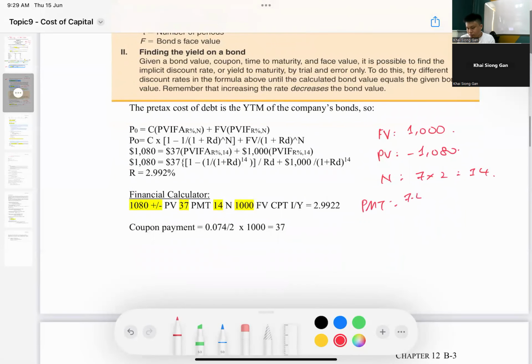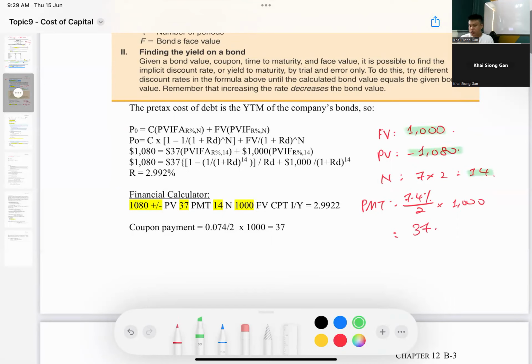So I need to use 7.4% divided by 2 times 1,000. Or you can use 7.4% times 1,000 first, then divide by 2. As long as you divide by 2. So 7.4 divided by 2 is 3.7%. 1,000 times 3.7% is 37. Okay, so I have all the figures ready.